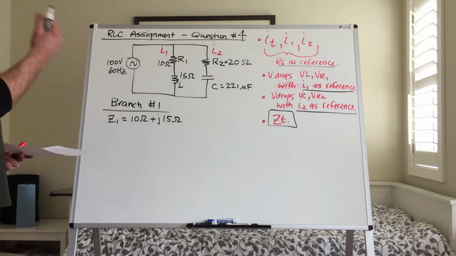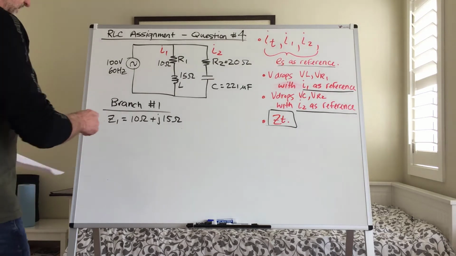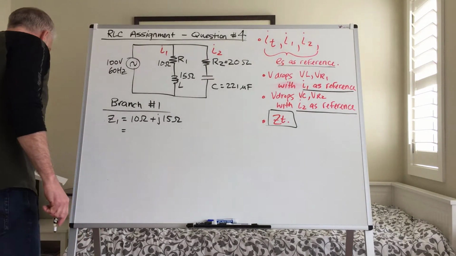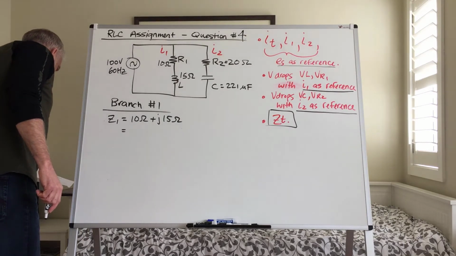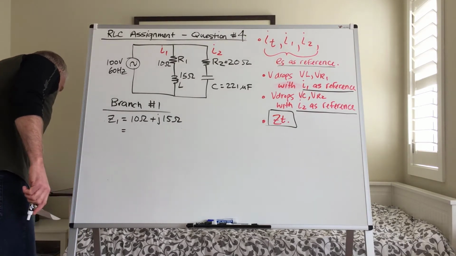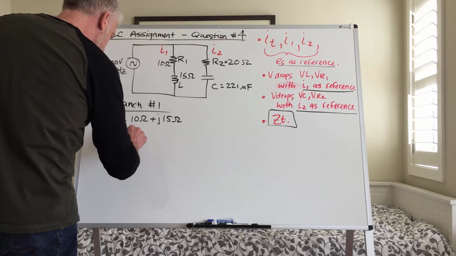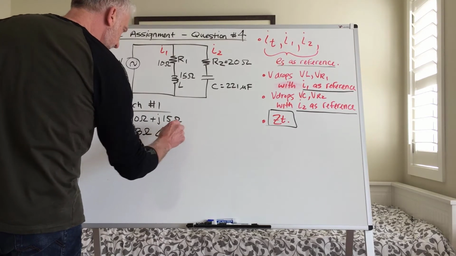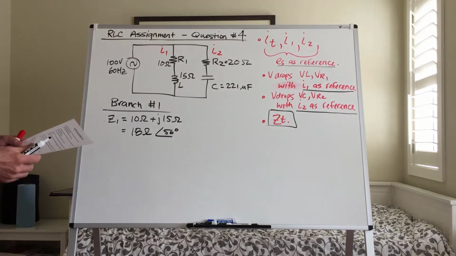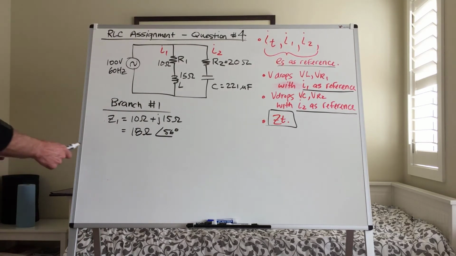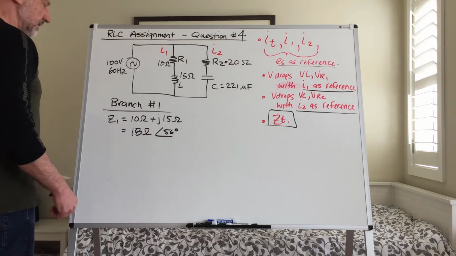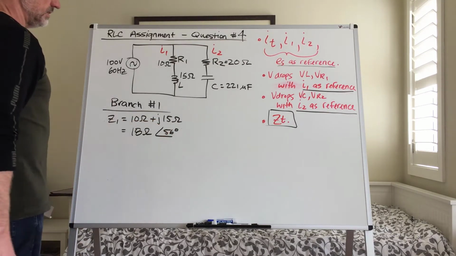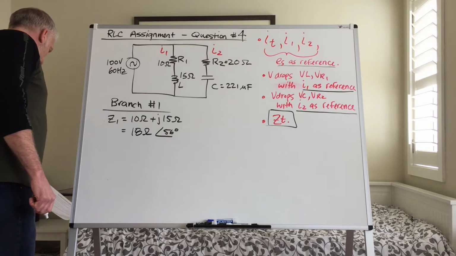I'm going to use polar to do these calculations, so if I convert that to a polar value, that means that my branch 1 impedance works out to 18 ohms at 56 degrees. So I'm going to use that for my calculation based on a polar value. Of course, you could move forward with this as rectangular. I'm going to show this solution using polar.